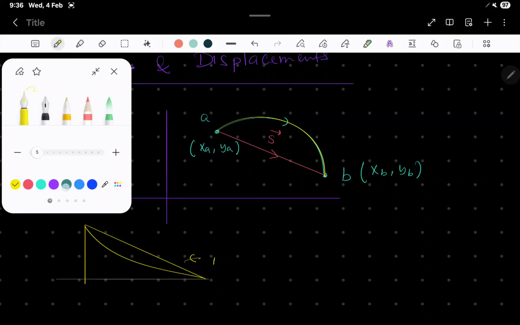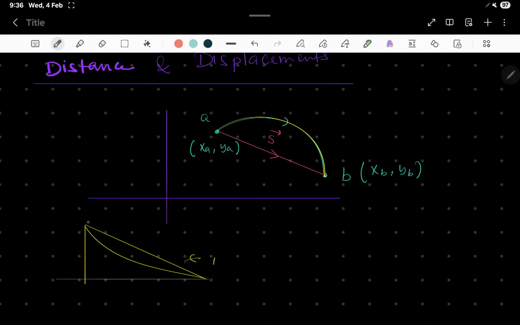Put one ball on each trajectory, and you will see that one ball takes less time, t1, and the other takes t2, and t1 is less than t2.